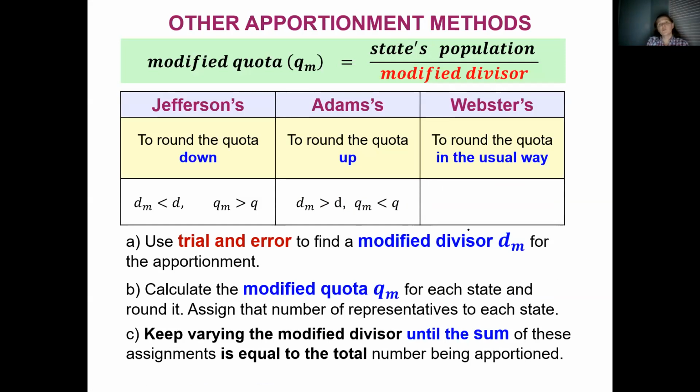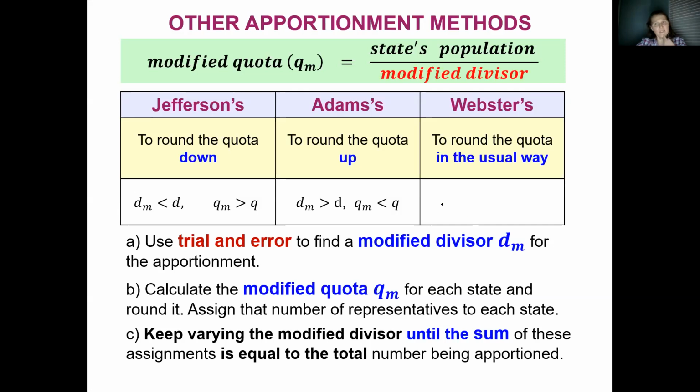There are also other apportionment methods, and they use trial and error to find the modified divisor d sub n. We will consider three methods: Jefferson, Adams, and Webster's. The difference between them is how they round the standard quota. The Jefferson method rounds down, the Adams method rounds up, and in the Webster method we use the usual way to round numbers.